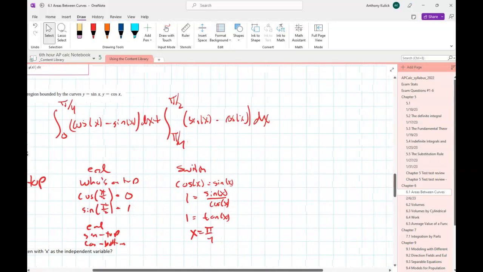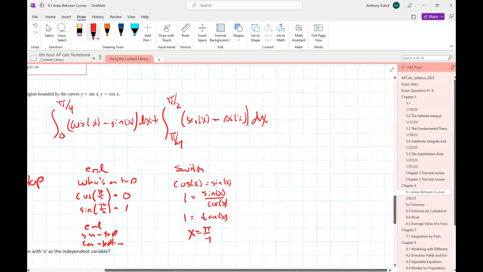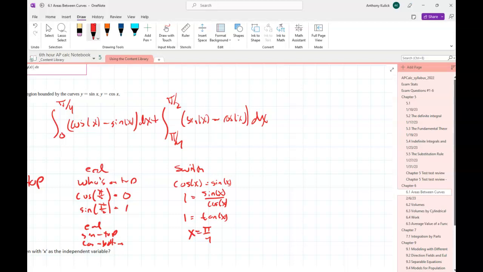So why did we choose pi over 4? It wasn't chosen, we found it. We need to figure out when they switched, because we noticed at the start, cosine was on top and sine was on bottom. At the end, sine was on top and cosine was on bottom. At some point along the way, they switched, and we had to figure out where that happened. So we set those two equal to each other and solved. That's how we got pi over 4.